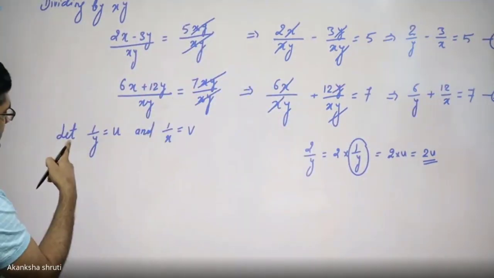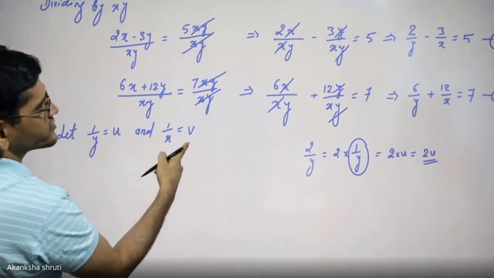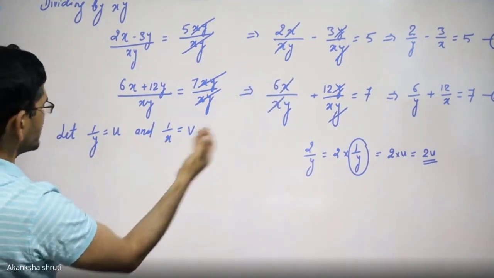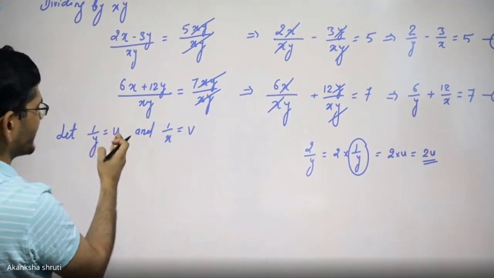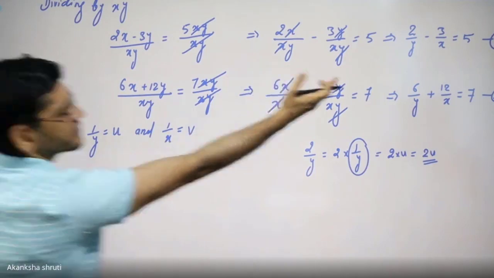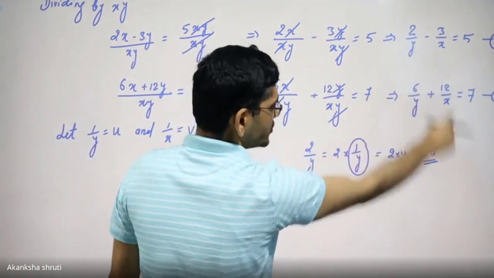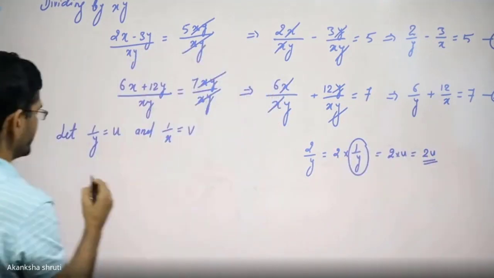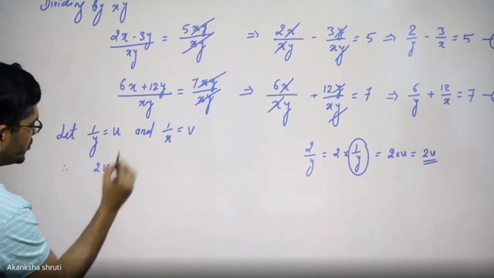Therefore, let 1 by y equal u and 1 by x equal v. Substitute 1 by x equals v and 1 by y equals u in this rearranged equation. It becomes 2u, like I had explained here. So therefore, the pair of linear equations become 2u.